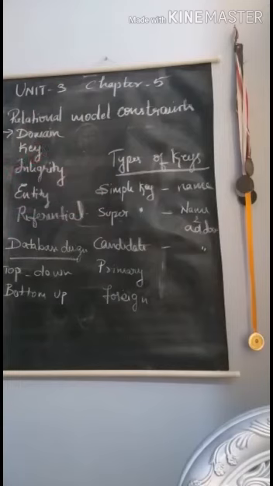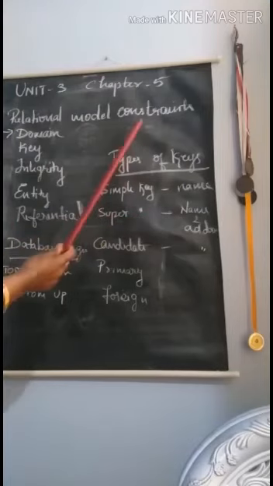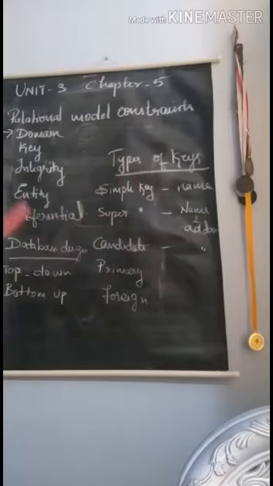A super key is an attribute or a combination of attributes that is used to identify the records uniquely. For example, name and address. You can always relate with one more column, so you can find the data easily. We call it a super key.